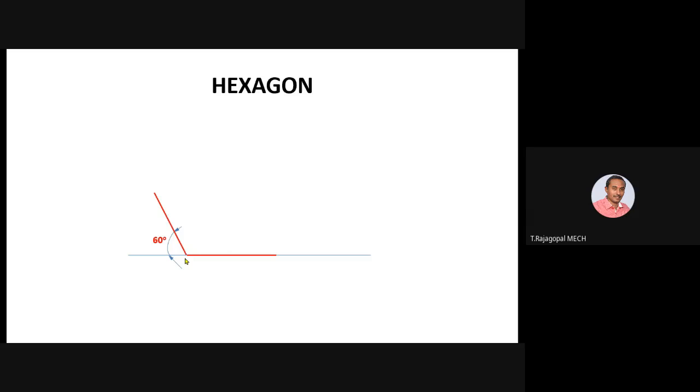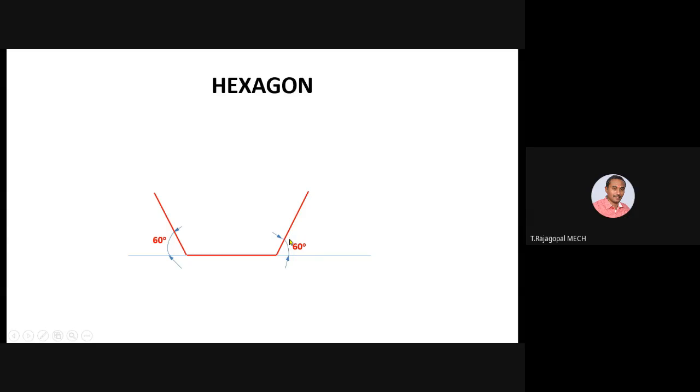Similarly, you can complete another corner with the next edge. Same 60 degree inclination. From this corner as center, use a protractor and mark 60 degree inclination for the same 40 mm.